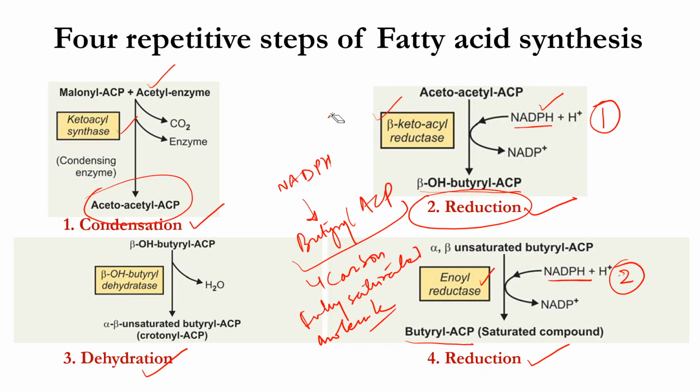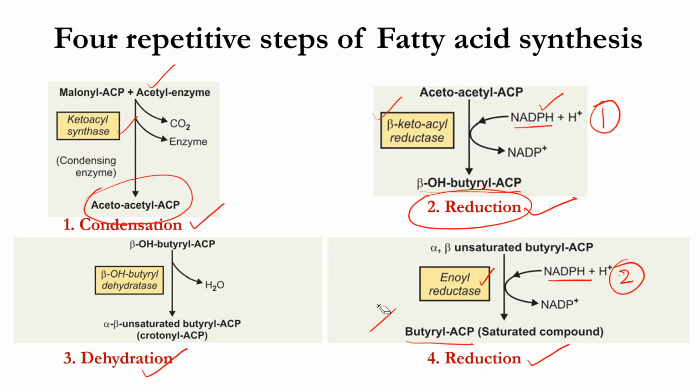We know, as we had discussed in the initial slide, that the final outcome is a 16 carbon fatty acid, that is palmitic acid. Palmitic acid is a 16 carbon molecule, but here this butyryl ACP is a 4 carbon molecule.